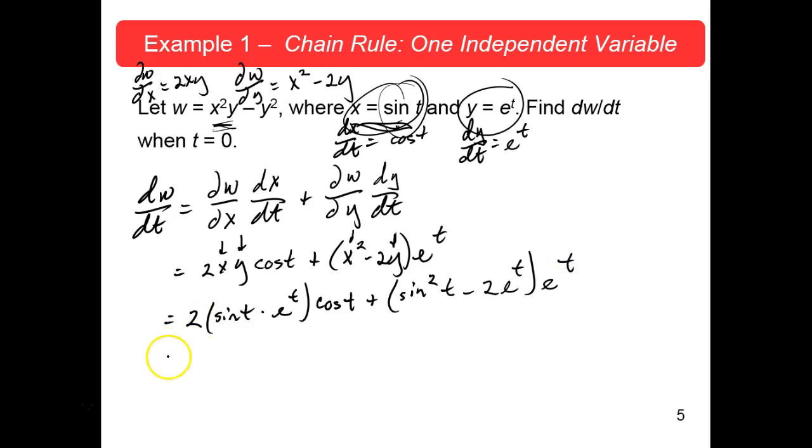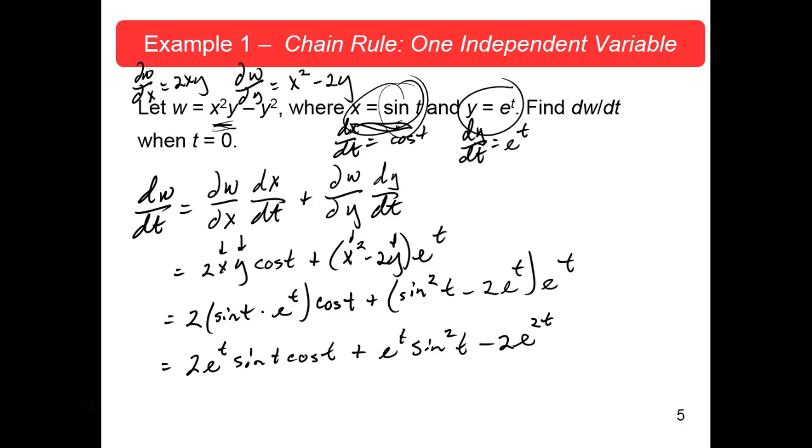Now that's a little messy looking. I'm going to write this as 2e to the t sine t cosine t plus e to the t sine squared t minus 2e to the 2t.